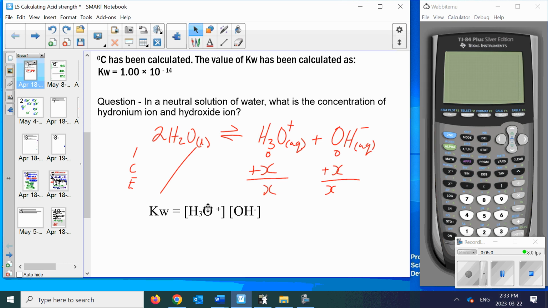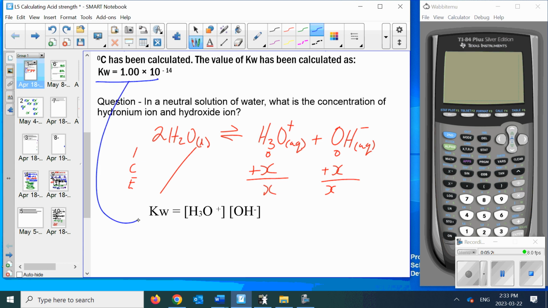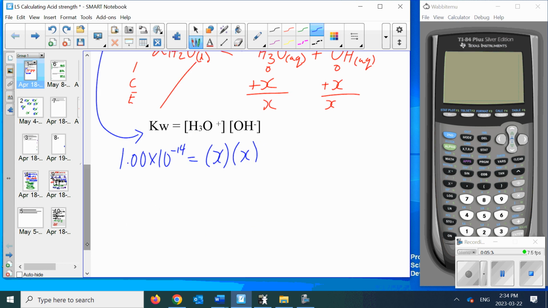I'm going to use this Kw expression to solve this problem. In pure water, what's the concentration of hydronium, hydroxide? I'm going to substitute the K value, 1 times 10 to the minus 14. From our ICE chart above, I'm going to use x for the hydronium, x for the hydroxide. So that becomes x squared.